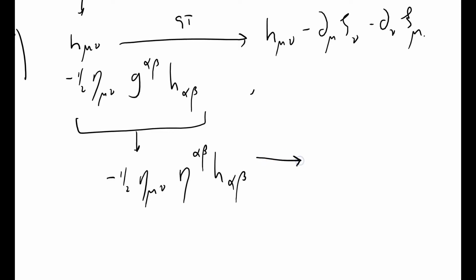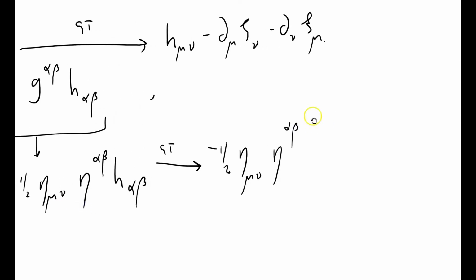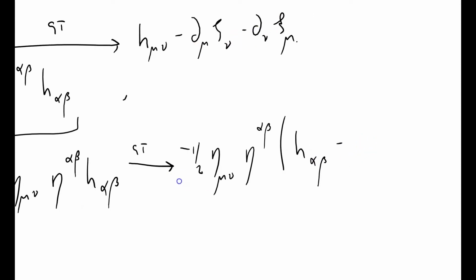Now I can go over to a gauge transformation, which is minus a half eta mu nu, eta alpha beta, times whatever it is that this goes to, which is h alpha beta minus terms like this, but with alpha and beta instead of mu and nu.